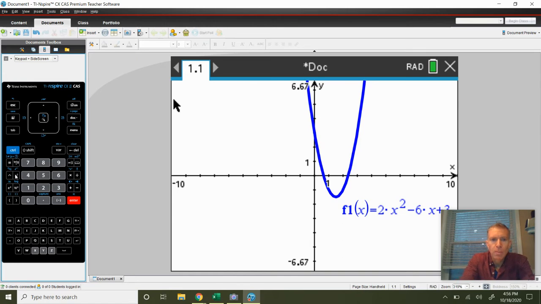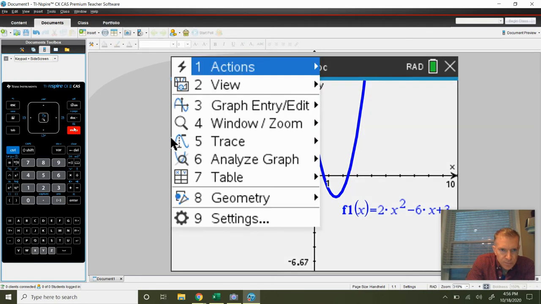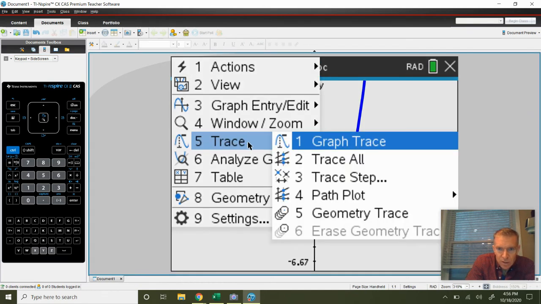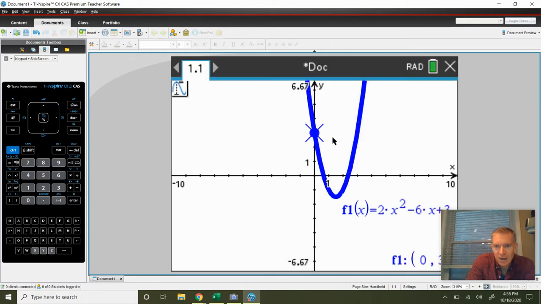Now remember how we plug in values. If we want to just find values, plug in an x and find the y, go menu, 5, so graph trace. Menu, trace, graph trace. Now at this point, you can plug in any x value you want.